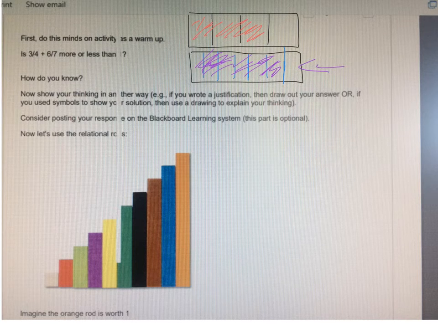The rods that you have shown here, it says that the orange rod is 1, and so some of these rods would represent fractions of 1, obviously. I'm just not sure how many exactly each one is divided up into.